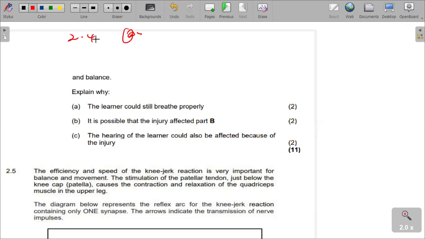This is 2.4.4a. It means part D, which is the medulla oblongata from the diagram that we are referring to there.